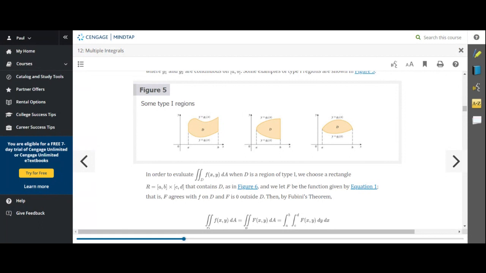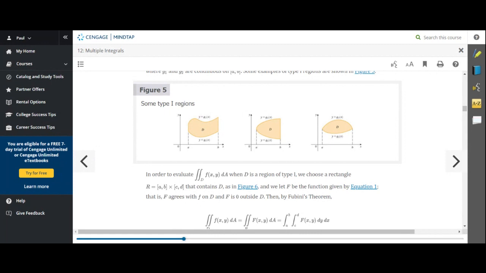You can see that the regions in the xy plane are general regions D, and they're bounded above and below by these functions g1 of x and g2 of x. Okay, those are called type 1 regions.